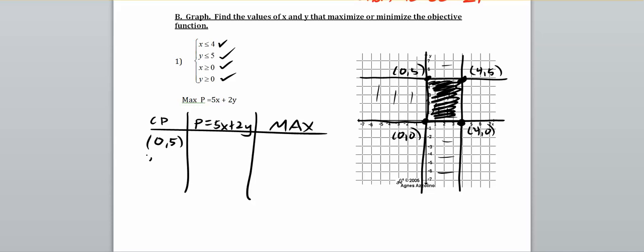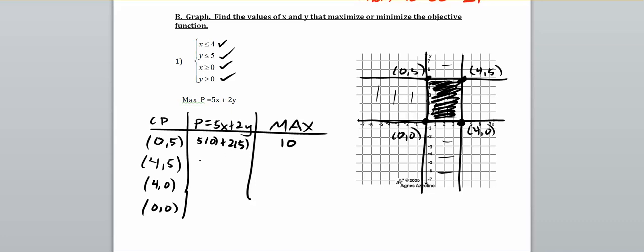4, 5, 4, 0, and 0, 0. All right, and you're plugging them into the objective function that they will have to give you when you begin the problem. So I would do 5 times 0 plus 2 times 5, which looks like it'd be 10.